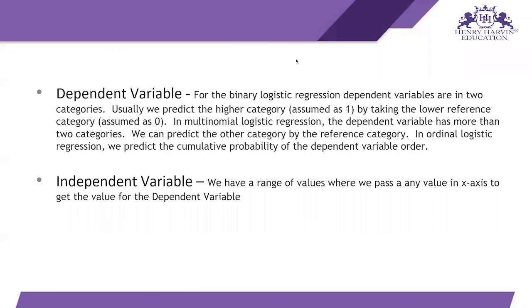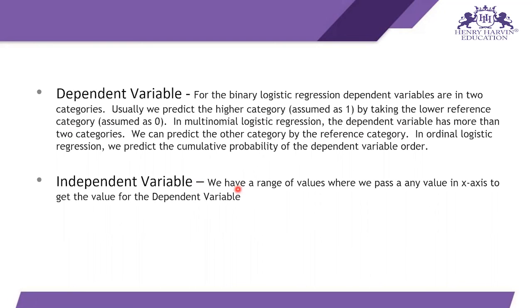So basically, we have the higher category as one and the lower category as zero, and for multinomial, where there are more dependent variable categories, we can use the reference category and some tricks to get predictions for more than two classes in the logistic regression algorithm.